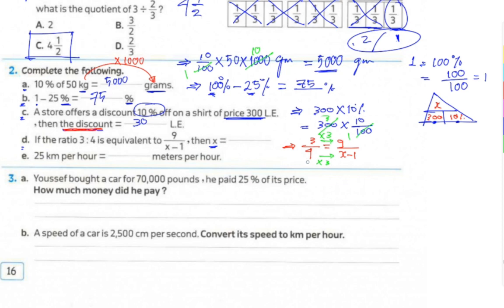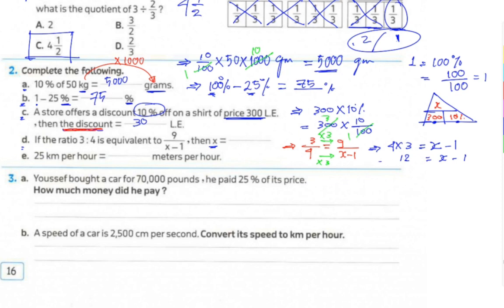So now I can say that 4 times 3 equals x minus 1. Let's write it. 4 times 3 equals x minus 1. Now what? 3 times 4 equals 12, equals x minus 1.